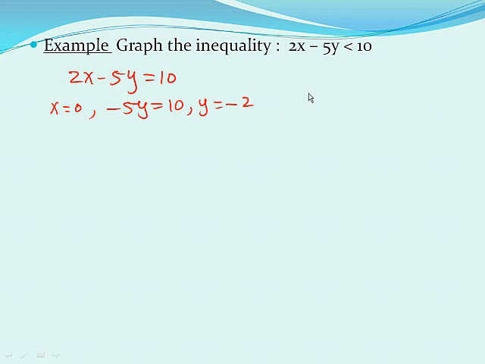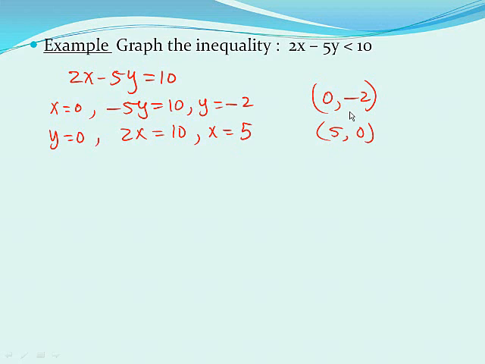So we get one of the points, 0, negative 2. And if I select y equal to 0, I will get 2x equal to 10. So that means x will be 5. So we get the second point, which will be 5, 0. So these are the x and y intercepts of the boundary line.